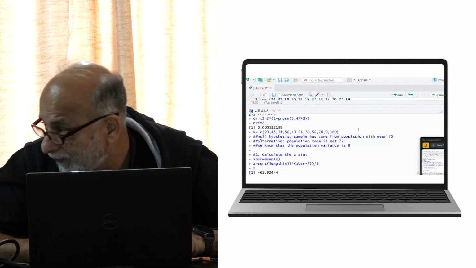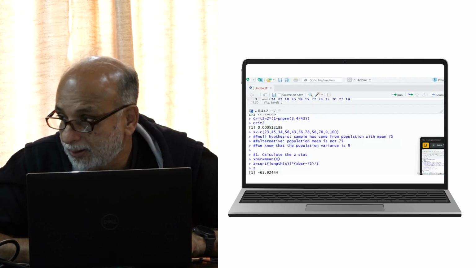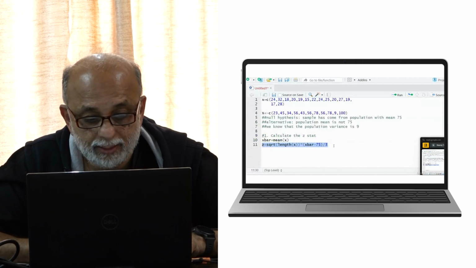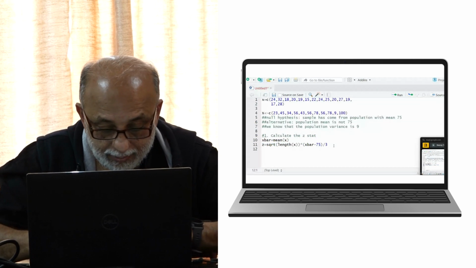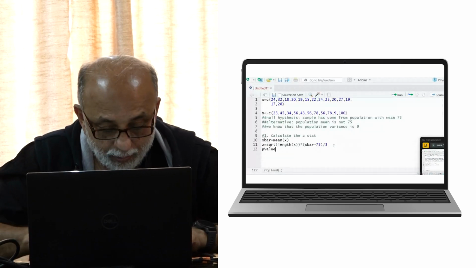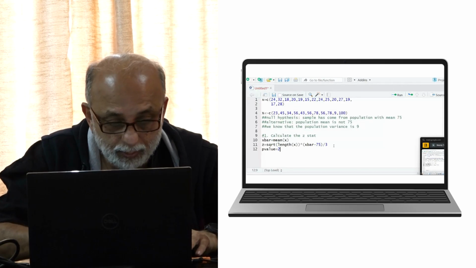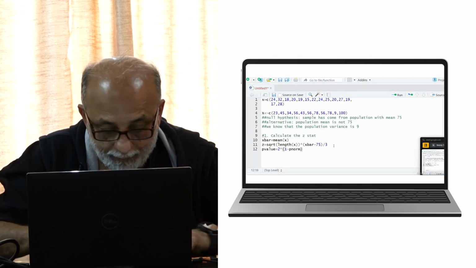Then the p value is equal to 2 into 1 minus p norm z.